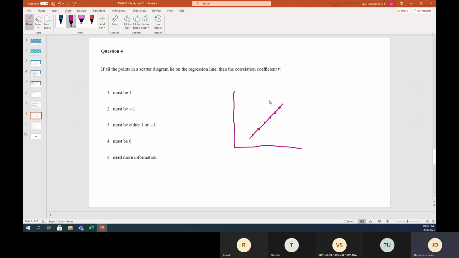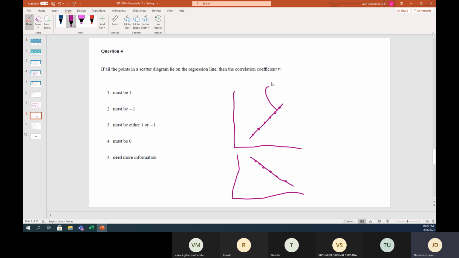I made the assumption that it should be, they don't tell us. So it can also be that one. If all the points are on the line, you've got a perfect correlation.